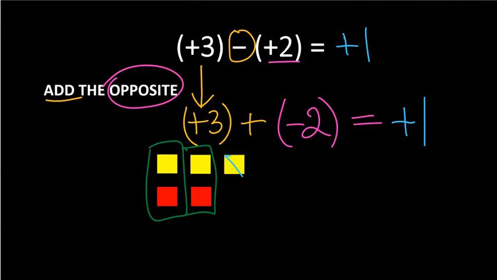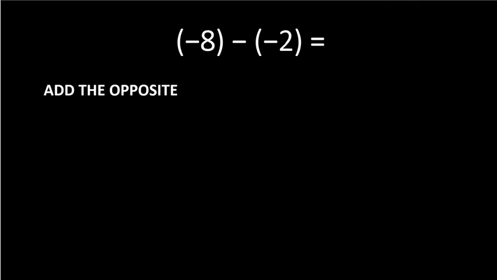Okay, so let's do another example. So we have negative 8 minus negative 2. We are going to add the opposite. So copy down your first integer as is. So you have negative 8. And now we're adding the opposite.